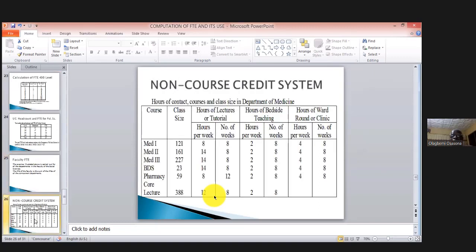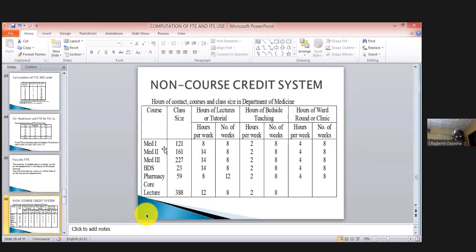Now, there are some disciplines, some departments, that do not run the course credit system. How do we calculate the FTE for such? It's the same procedure. The only difference is that you have to calculate the number of units that will be attached to each course.